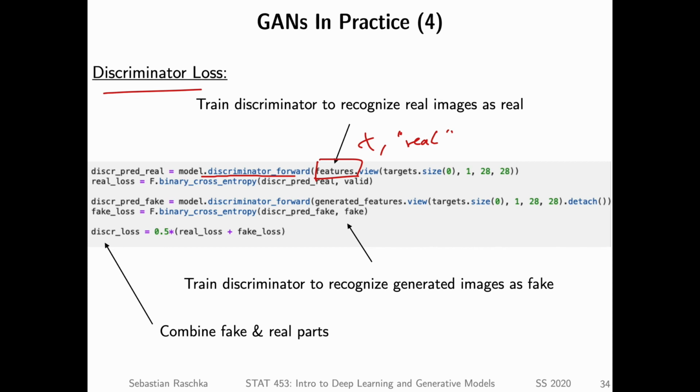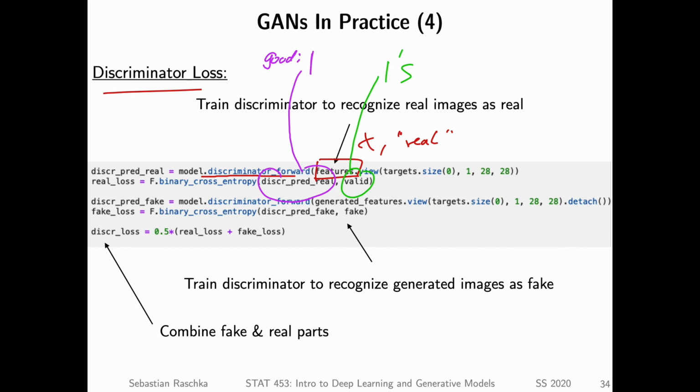And here we also have again the class label, the ones. And here it's correct because these are actually real images. So in the ideal case, the discriminator should learn to predict a 1 here. That would be good, a very high confidence that this is actually a real image. Then the second part is we want to also recognize fake images.